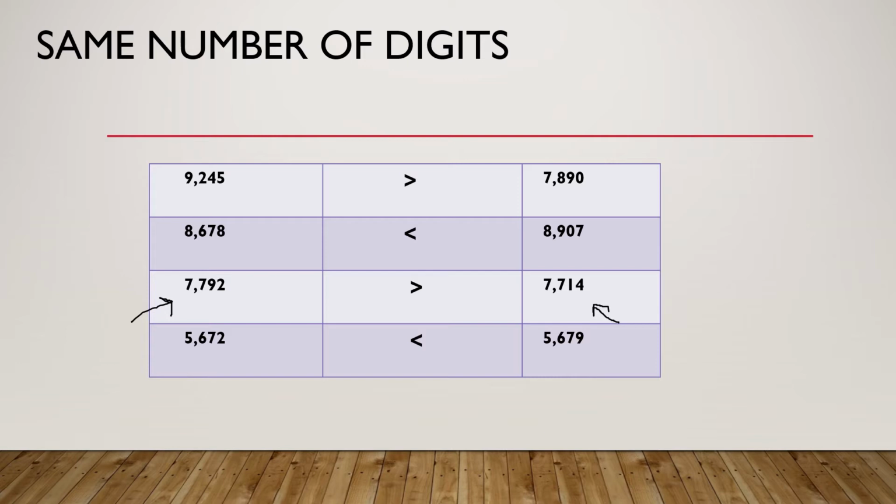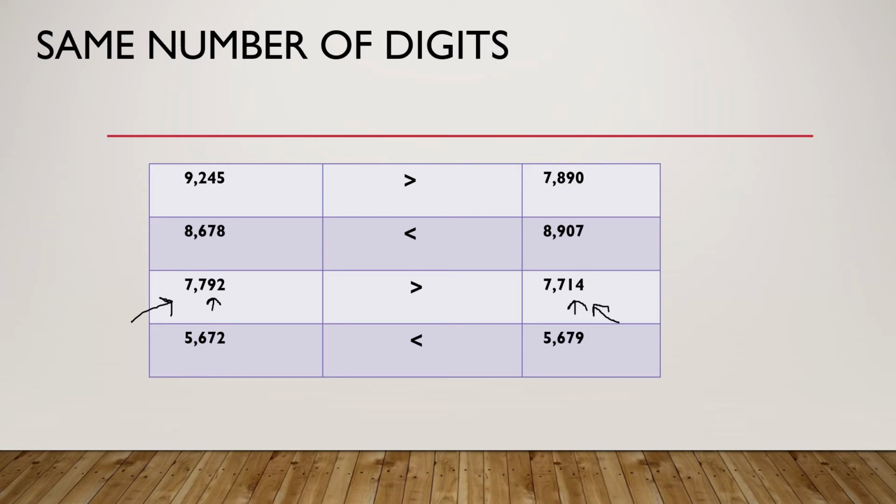So what do we do? We compare the place value of the next place, that is the tens place. Now over here, the place value of the digit in the tens place is 90 and the place value of the digit in the tens place in the other number is 10.